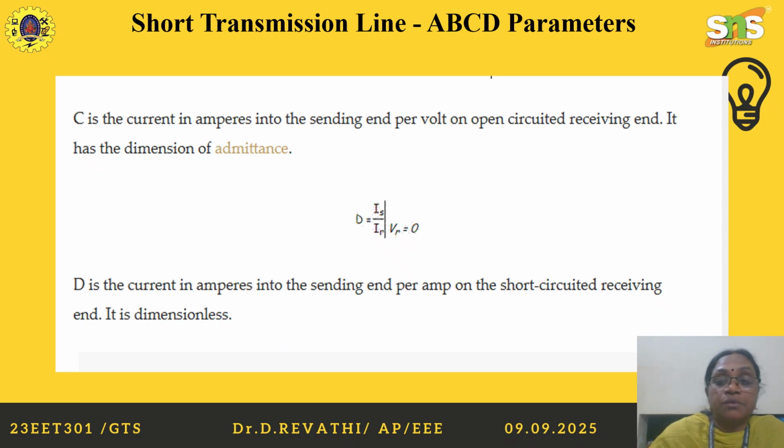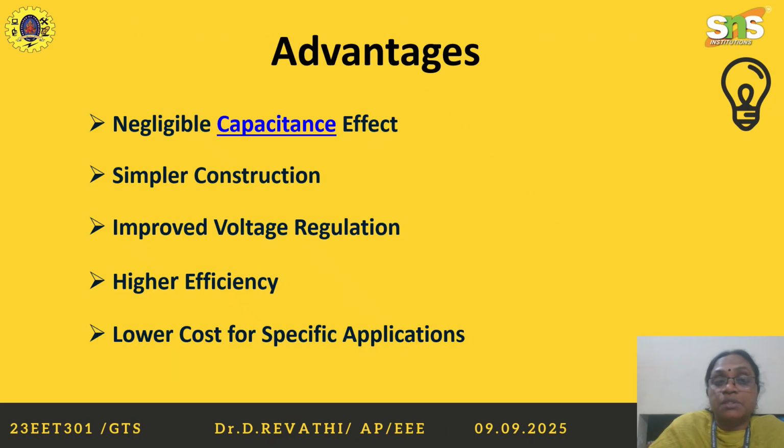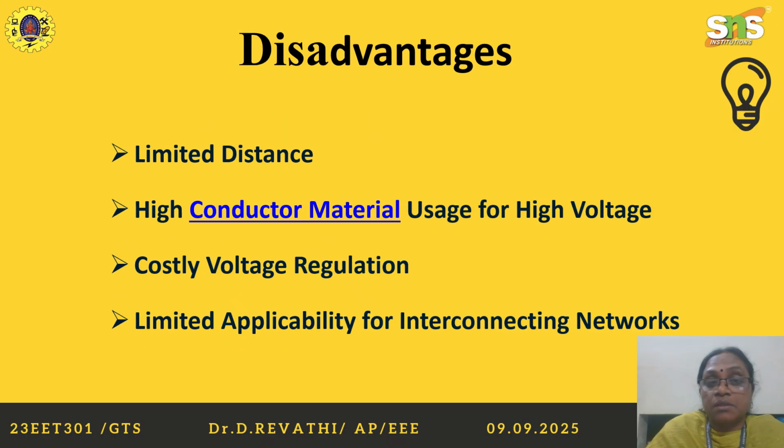Now we have to discuss the advantages and disadvantages of ABCD parameters. The advantages for a short transmission line are negligible capacitance effect, simpler construction, improved voltage regulation, higher efficiency, and lower cost for specific applications. The disadvantages of a short transmission line are limited distance.